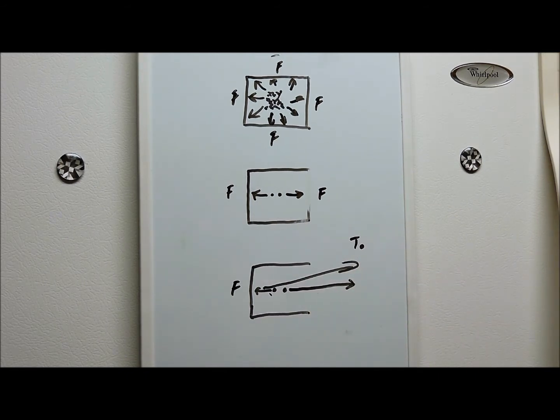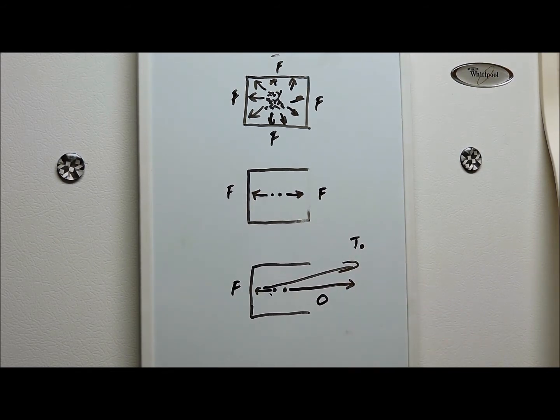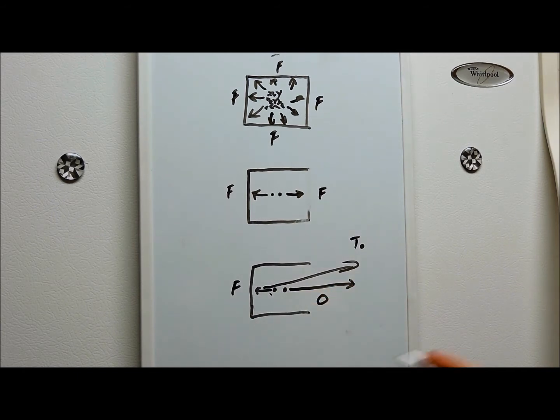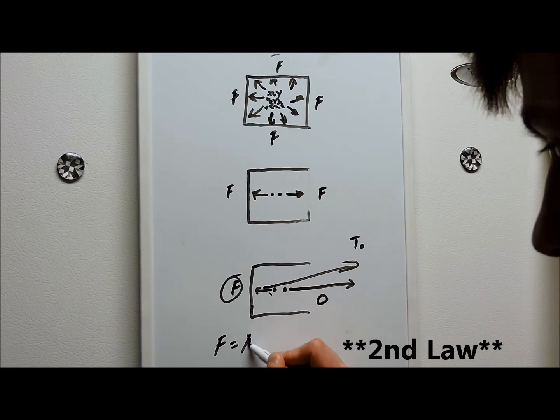But what we've got here is no interaction on this side. So we've got zero force. And we've got a force F from this particle here interacting with this side of the box. So we've got a net force F on this side of the box, which means, from Newton's second law, F equals ma.